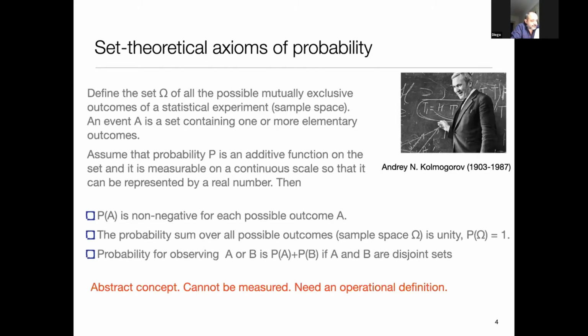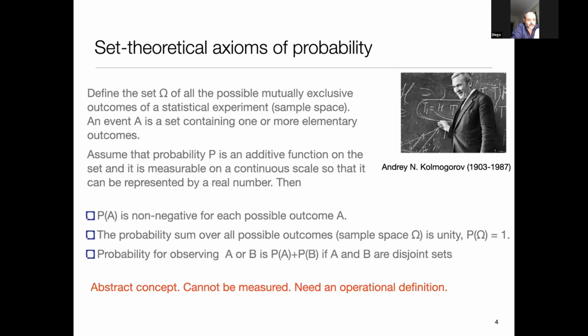The probability sum over all possible outcomes, so the sample space Omega, is equal to 1. And the probability for observing A or B, where A or B are either elementary outcomes or sets of elementary outcomes, is P of A plus P of B, assuming that A and B are disjoint sets.